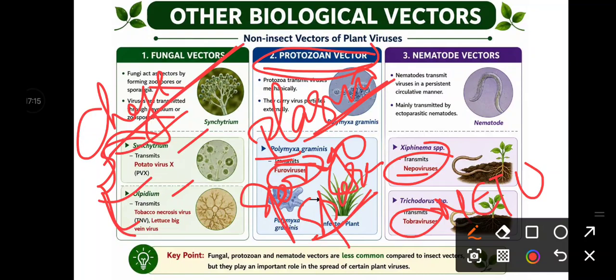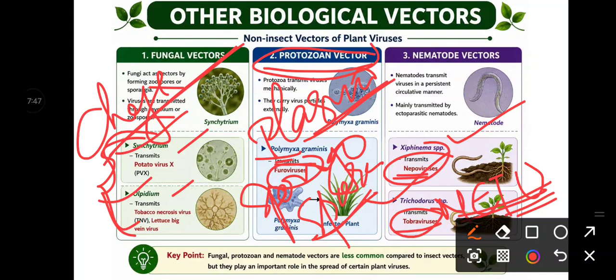Nepo means nematode transmitted polyhedral virus, the spherical viruses, and tobra or netu virus means nematode transmitted tubular virus, the rod-shaped viruses. So nepoviruses are transmitted by Xiphinema species, and netu or tobraviruses are transmitted by Trichodorus or Paratrichodorus.